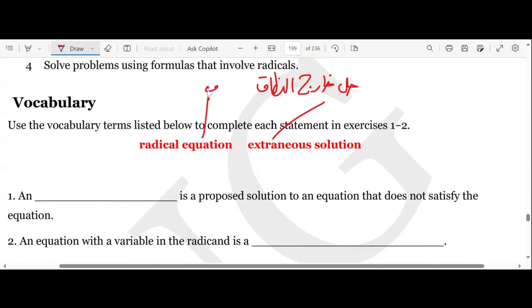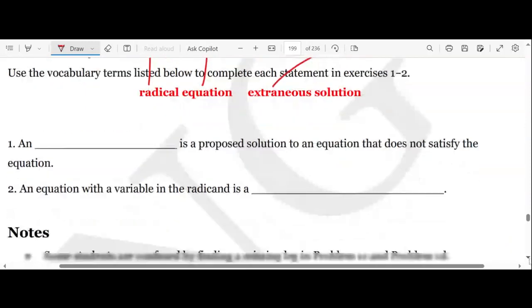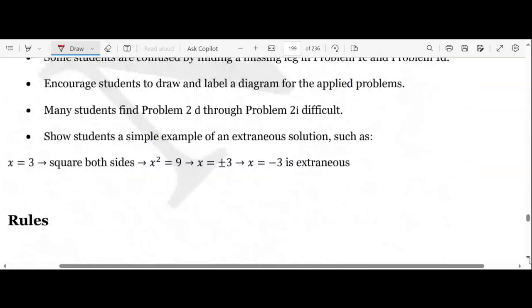Equation means what? Radical. Okay, so you have to find the answer in the 1 and 2. Let's take some examples.